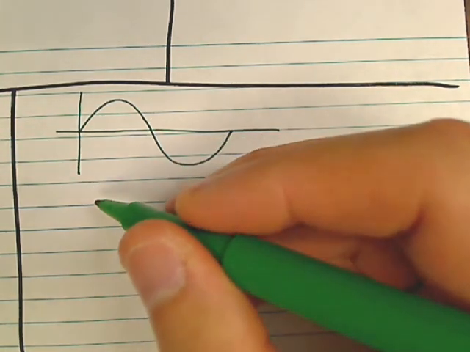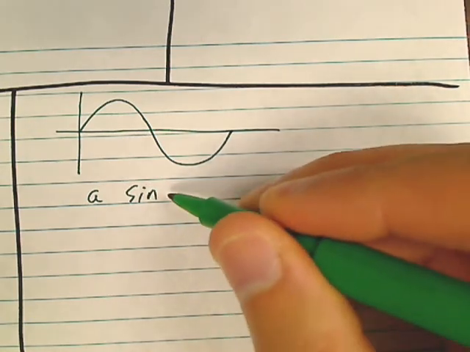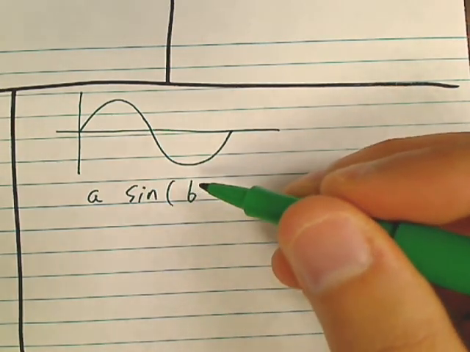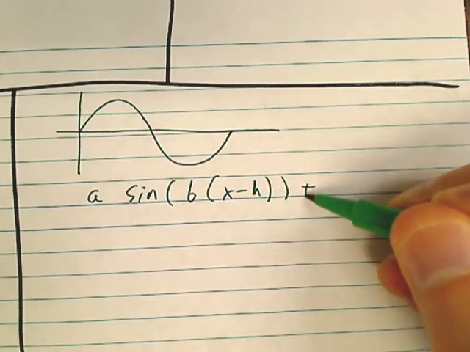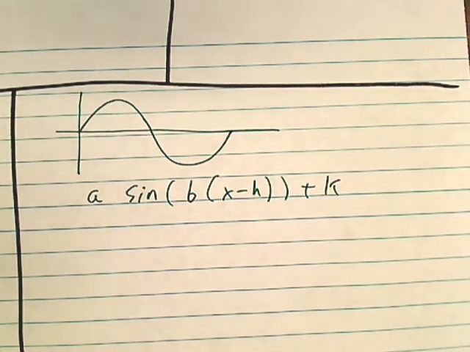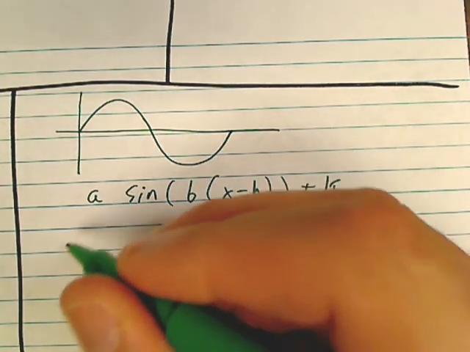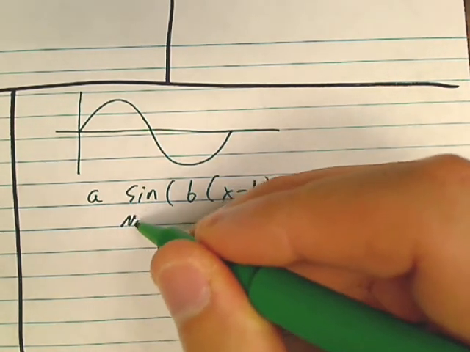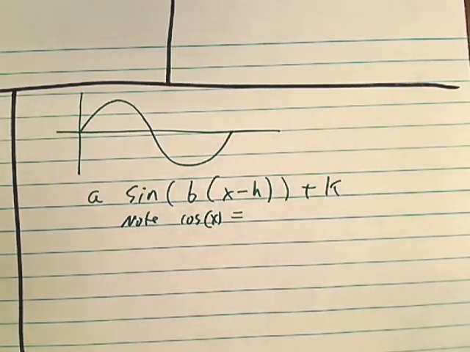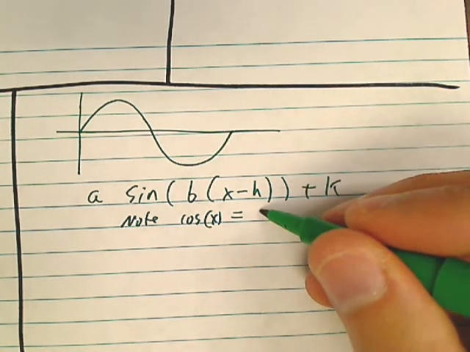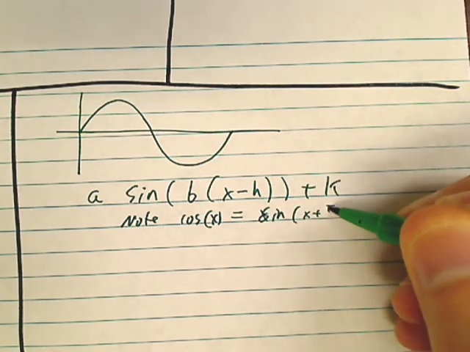The form of the equation we're going to talk about is A sine B times (x minus h) plus k. And by the way, a note: cosine of x is equal to sine of x plus pi over 2.